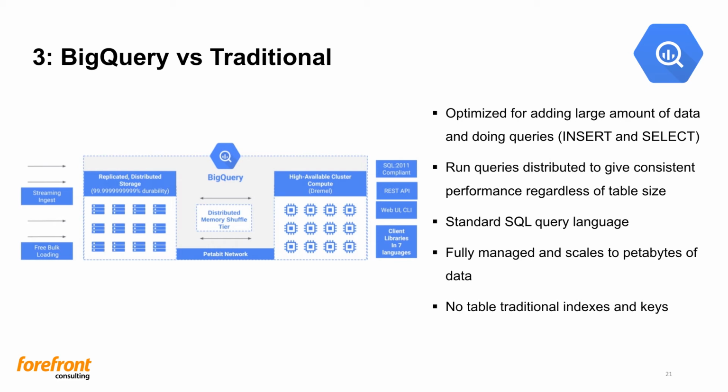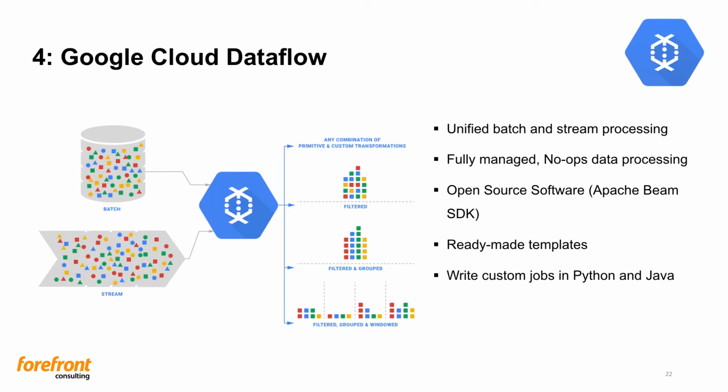A common way to do ETL in GCP, to get the data into BigQuery, is by using a service called Dataflow. And Dataflow is a fully managed batch and streaming data pipeline from Google. And it offers horizontal scalability, and it can run jobs that are created with the open source Apache Beam SDK.